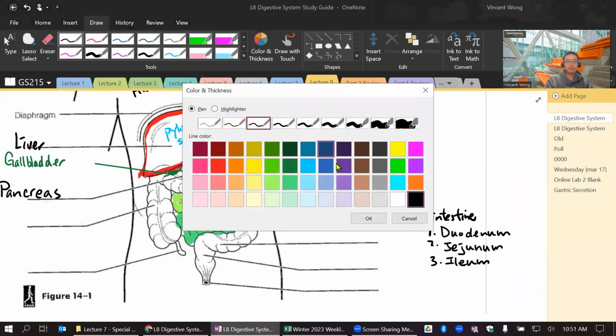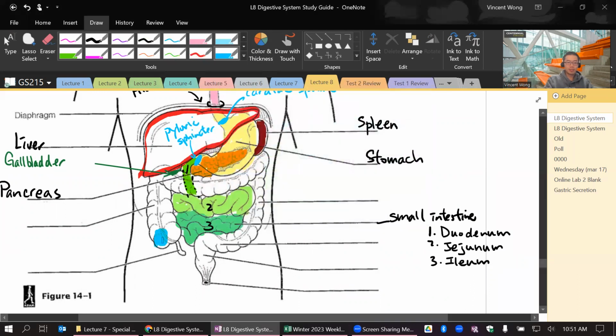All right, next we have the large intestine. I'm just gonna use different shades of blue this time, maybe. Okay, so we have the cecum. And then we have the colon here.